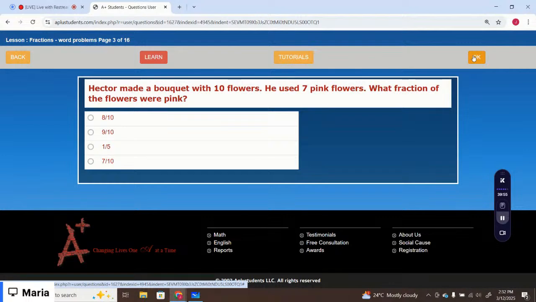Tractor made a bouquet with 10 flowers. He used 7 pink flowers. What fraction of the flowers were pink? So, which is the correct option?